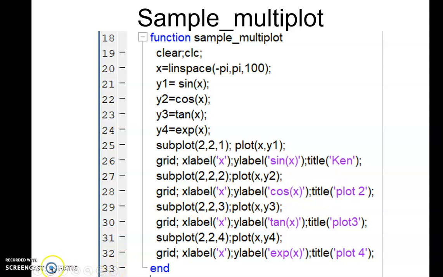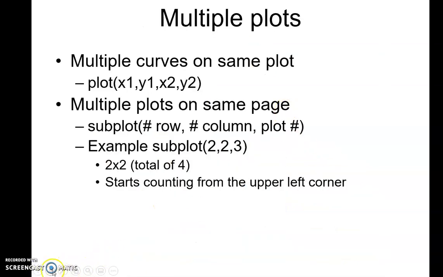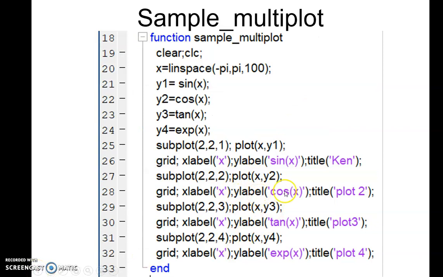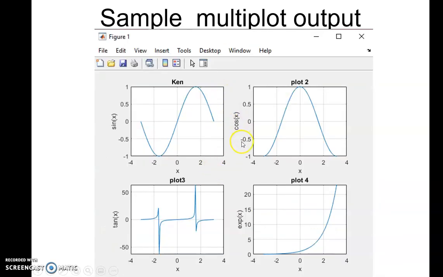To do the third one, it'll be 2, 2, 3 and 2, 2, 4. And you can see that there. So that way you can do multiple graphs on the same figure.